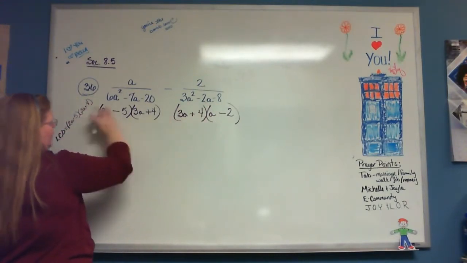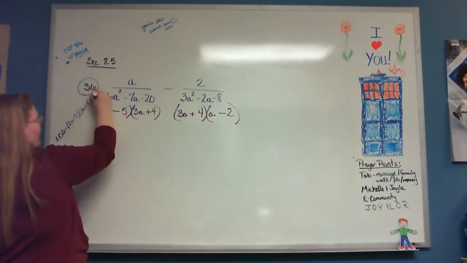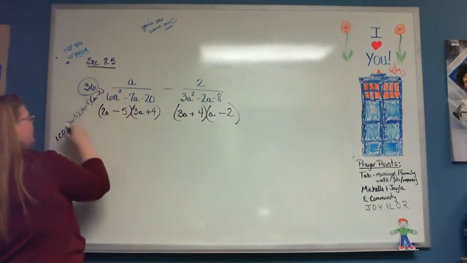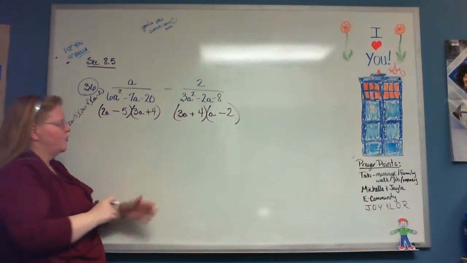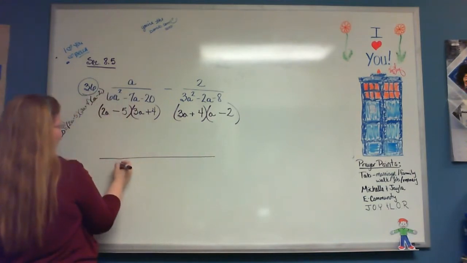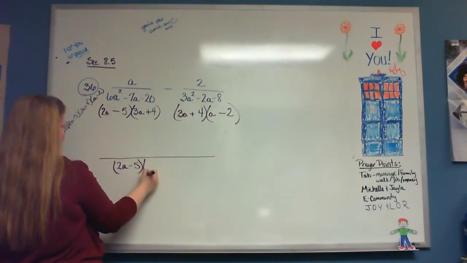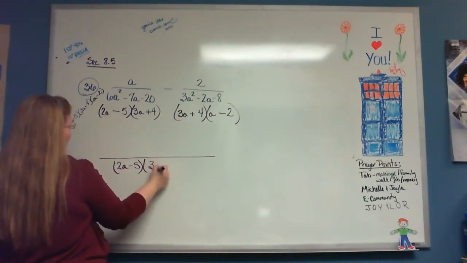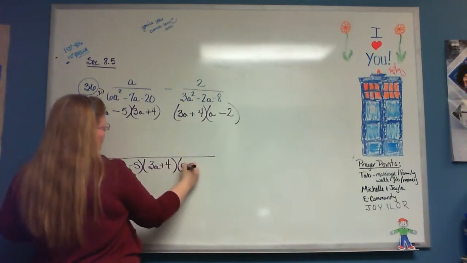Well, that's already in there, but this is not. So I need to add my a minus 2. That's the LCD. So now instead of writing that down twice, I'm just going to write it once. 2a minus 5 times 3a plus 4 times a minus 2.